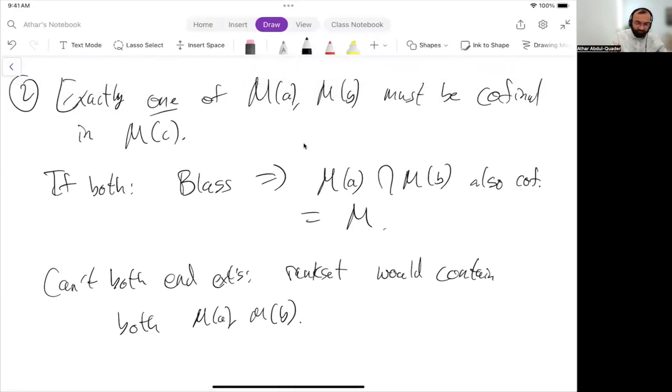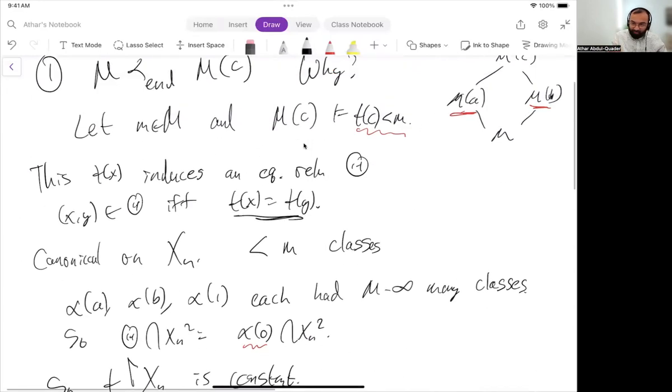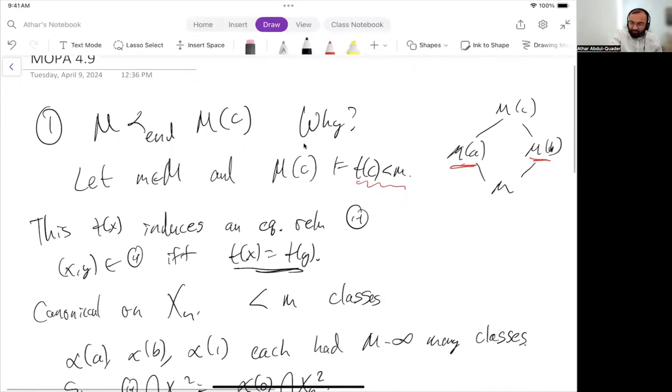So how about mixed? Right. Okay. So can either one of these be mixed? No, because these are minimal extensions. So m could be mixed. We'll say something about that. In this case, m is not mixed. m of C is an end extension of m.